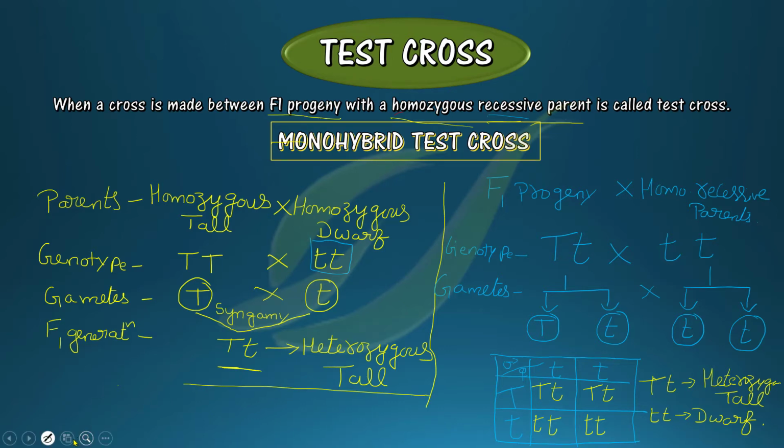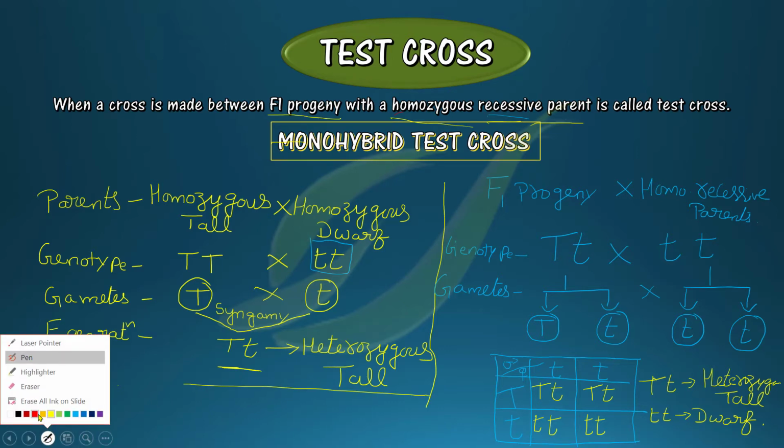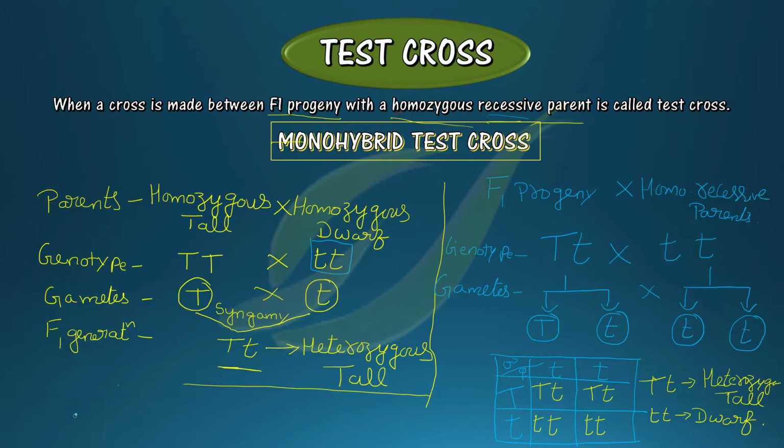So this is very, very important. Monohybrid test cross, phenotypic and genotypic ratio. Now we will write the phenotypic ratio first. You know very well that phenotype means external appearance.